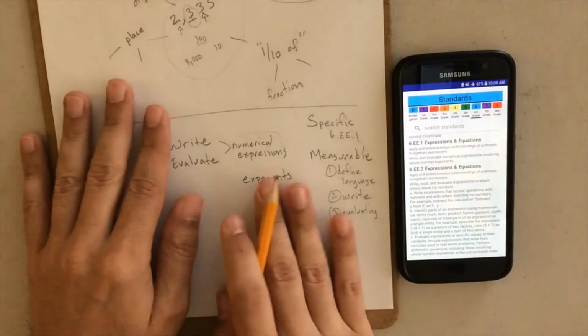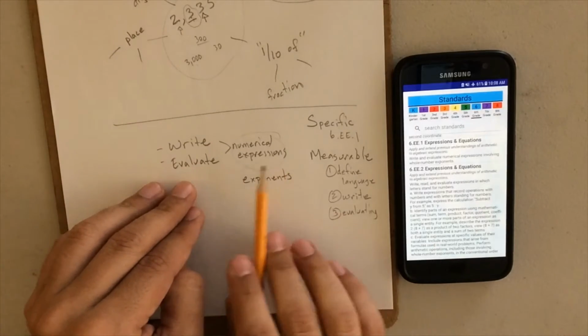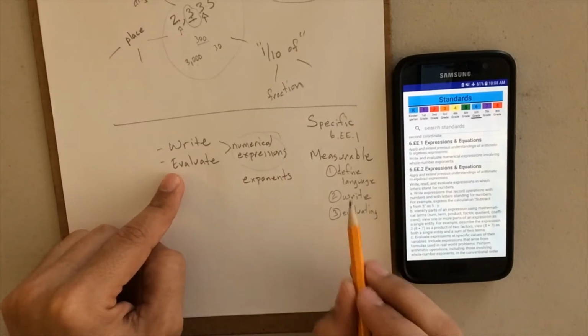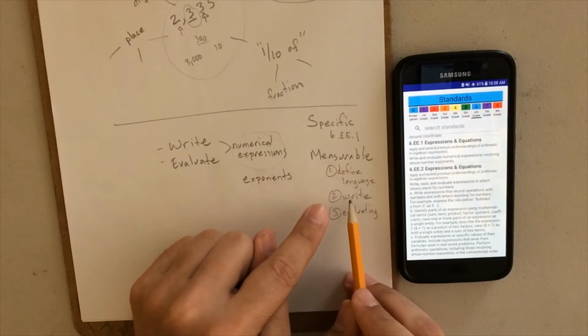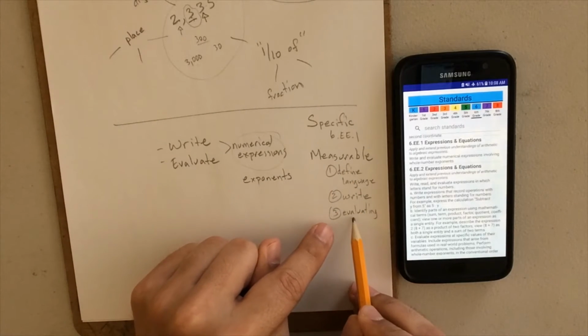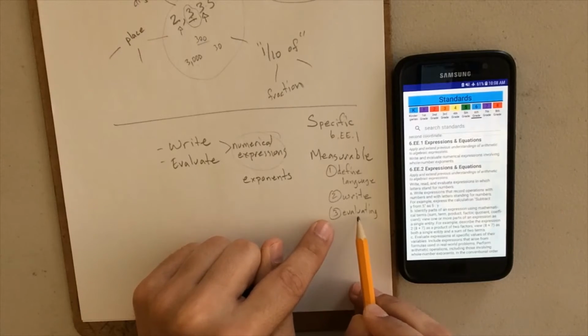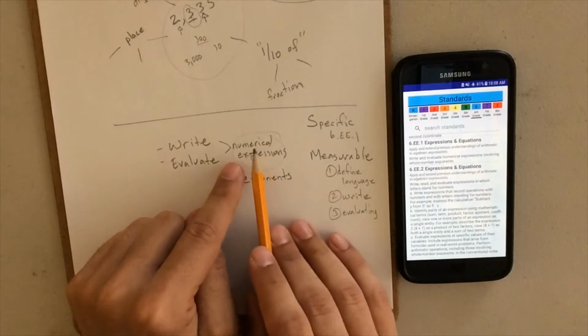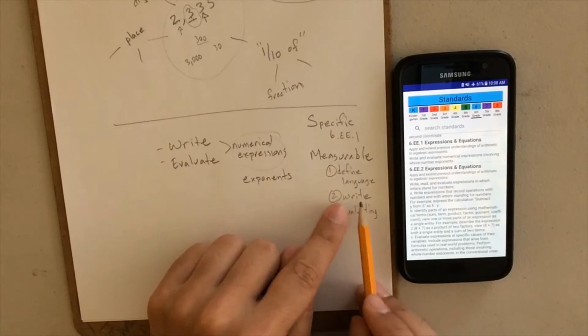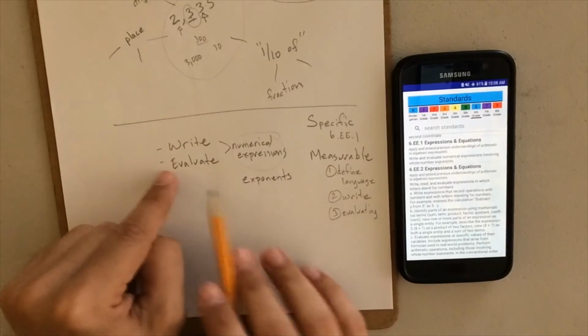That's part of our brainstorming, that's part of our being specific. But notice there's a measurable path that says we're getting closer to being able to do what this standard is asking us to do. So first we define the language, we figure out what these words are, what these different things are, we learn to write them, and then we learn to evaluate them.